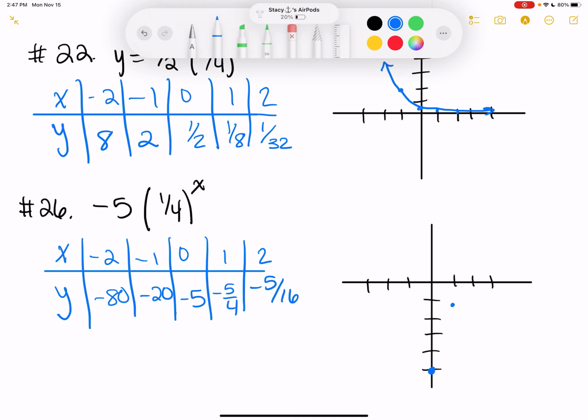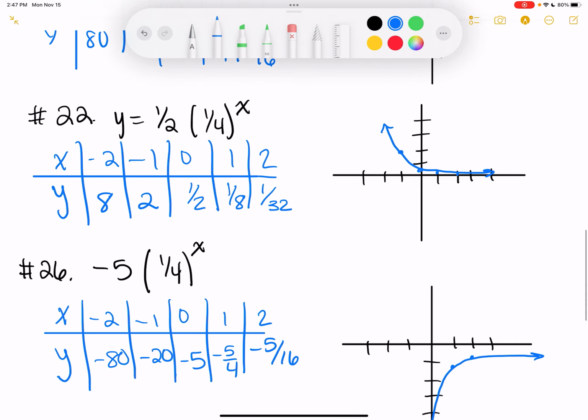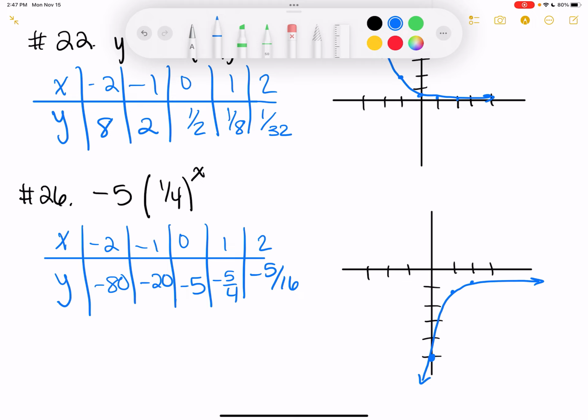At 2, we're at -5/16. So this time your graph is upside down. Notice if you looked at that graph, you could literally just flip it over and it gives you this one. Any questions about those?